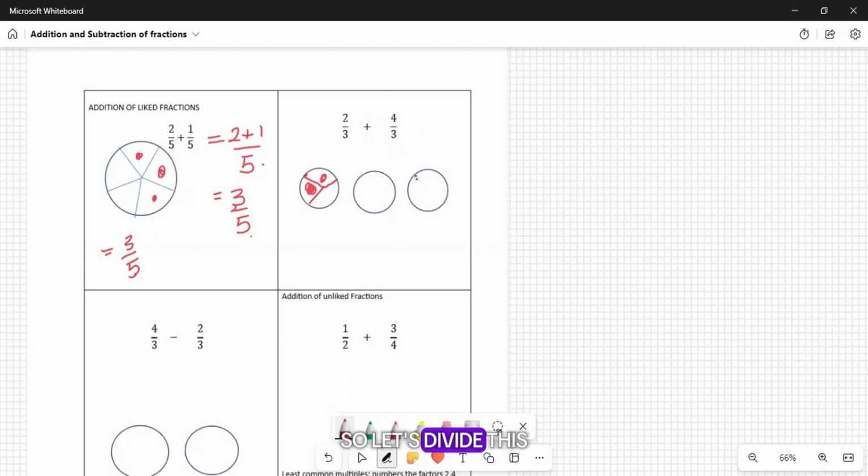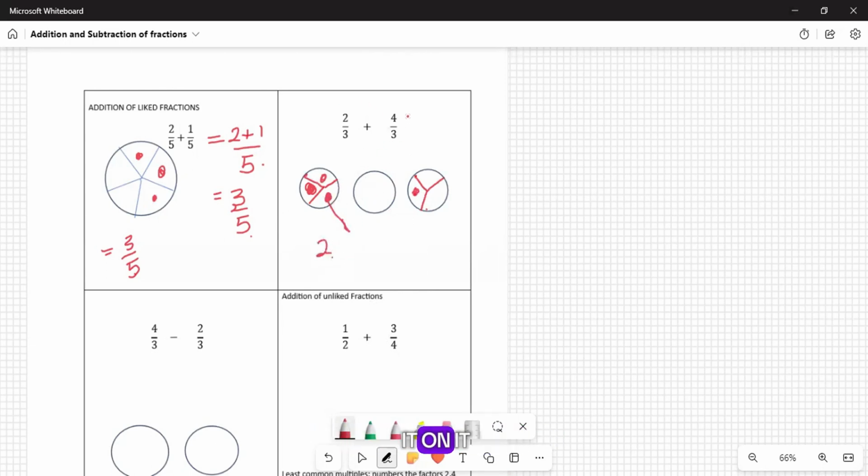So let's divide this one into 3 equal portions. This one has become the 1/3, which is added to the 1. So this is one whole number, 1/3. And so this 1/3 can be added to this. And when you add it, you get a complete this and that. And so you get 2.